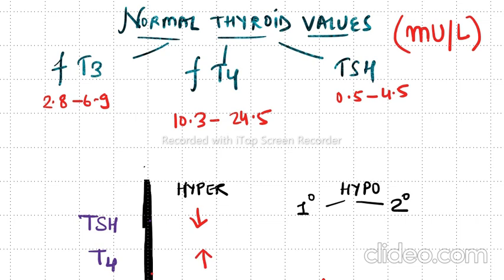In secondary hypothyroidism, TSH level will be low as well as T4 level. But in case of primary hypothyroidism, TSH level will be high and T4 level will be low.